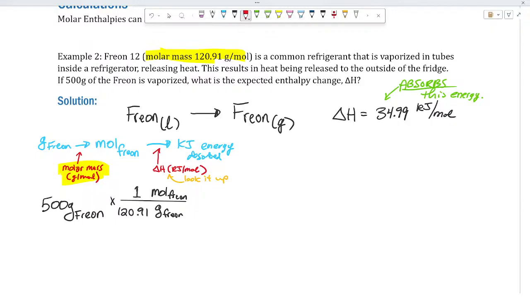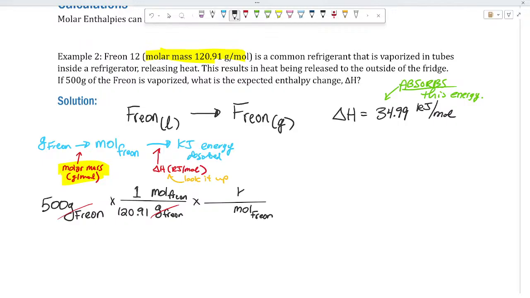Good. What units cancel at this point? If I were to stop calculating now, what would I know? I would know how many moles of Freon there are. Good. But that's not enough information because I want to know how much heat they're going to absorb. So what don't I want to talk about? Moles. Where do I put that? What do I want to talk about?